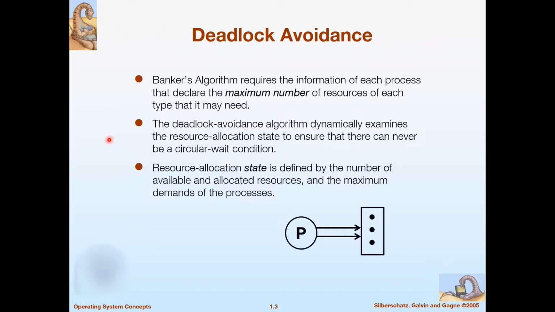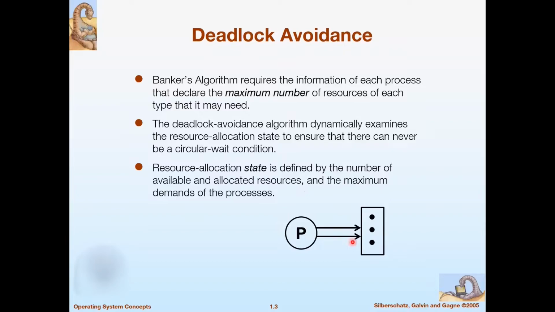Here, we can see in the figure that process P is requesting two instances of resource R. Suppose all three instances of resource R are available, but before allocating the resource, the system will check whether there will be any deadlock in the system for this allocation or not. That means the system will check in advance whether it is safe or unsafe.